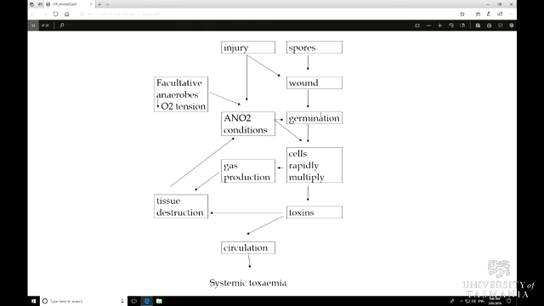Three things you can do with gangrene. Treat the organism. Cut off the dead tissue, because once the tissue is dead, it has no blood supply, and you can't get the drug in there anyway, and it's dead, so cut it off and stop the circle of more toxin production and more gas production.